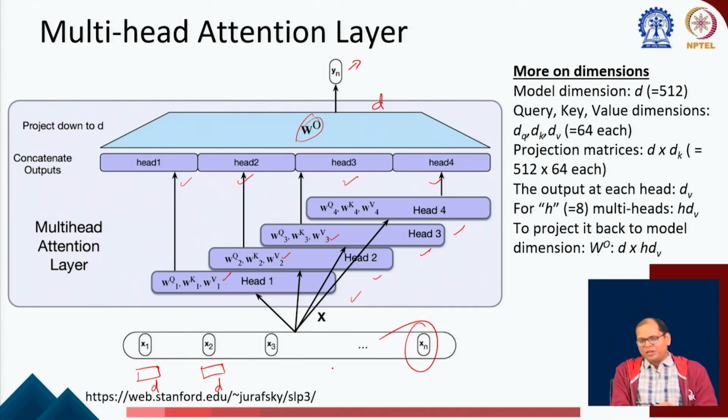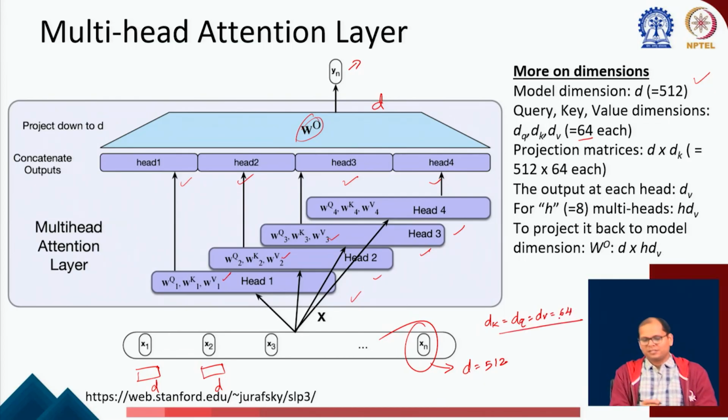Now, if you try to look at the dimensions, this will also give you an idea how many parameters are required. In the original paper, the input dimension, the model dimensionality, is 512, and they took the query, key and value dimensions as 64 each. So dk is equal to dq is equal to dv is equal to 64.